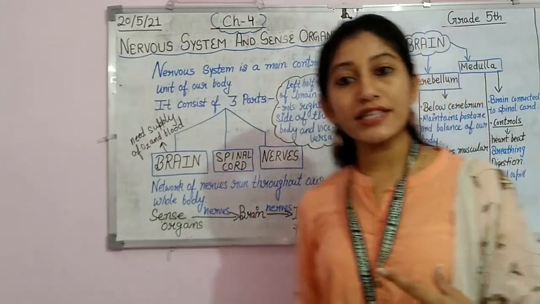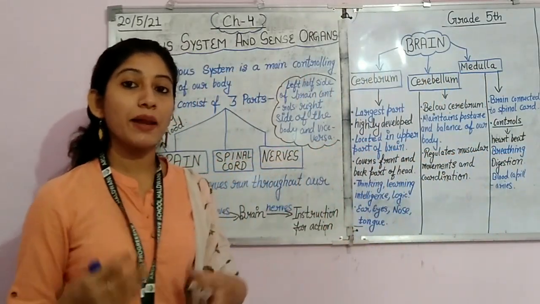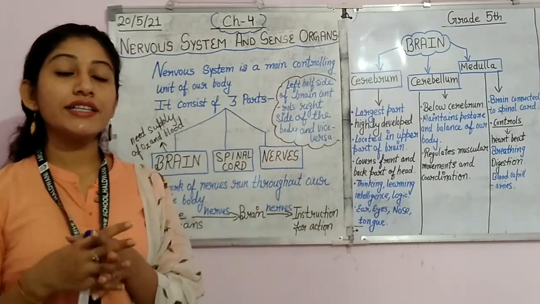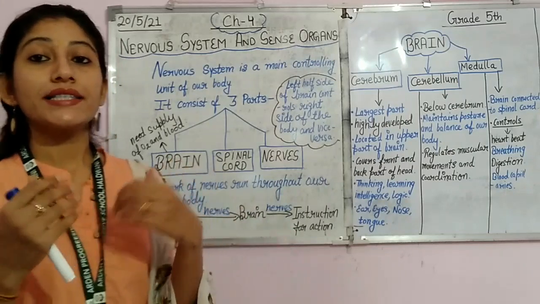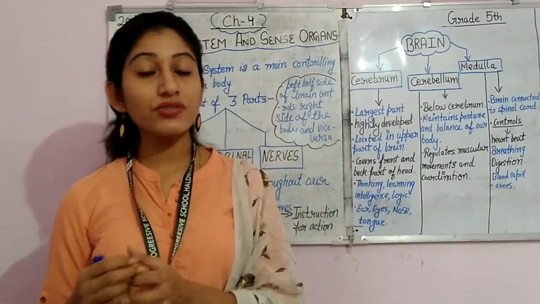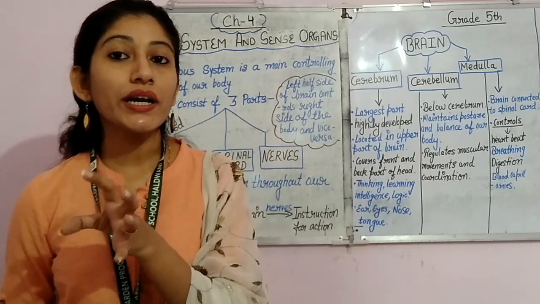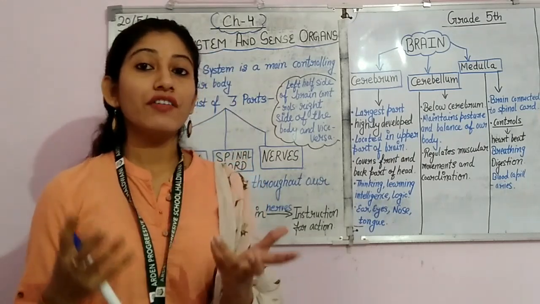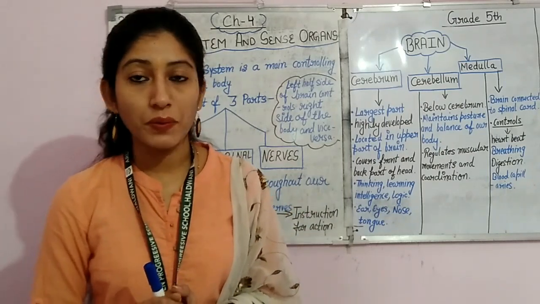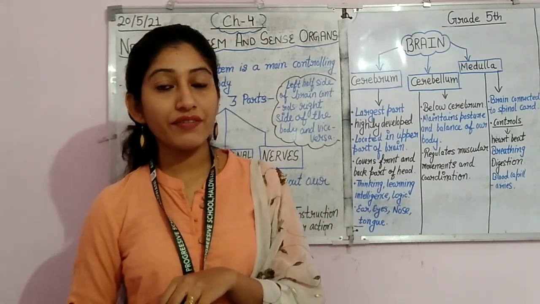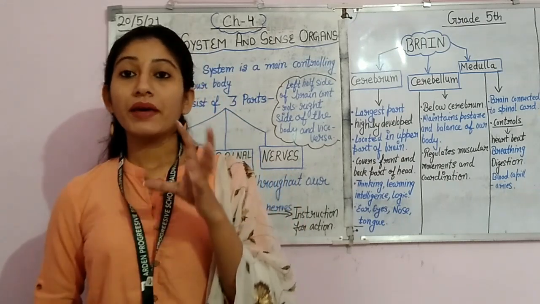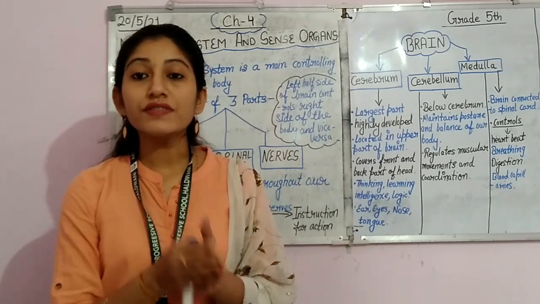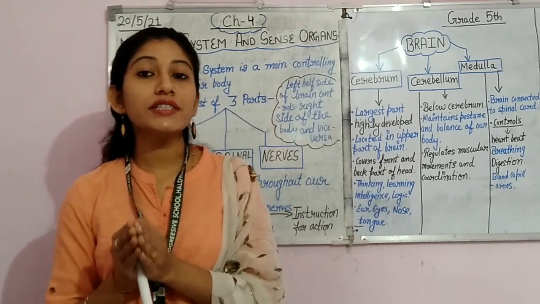So here we can see, students, that nerves are helping us in sending messages. By sending messages, by receiving messages, and by making coordination between the brain, the sense organ, and the spinal cord, our nervous system works.